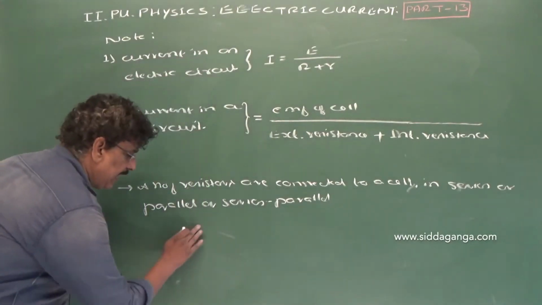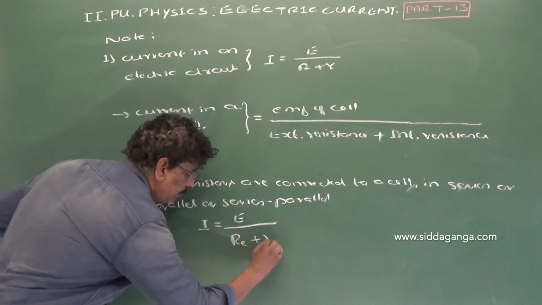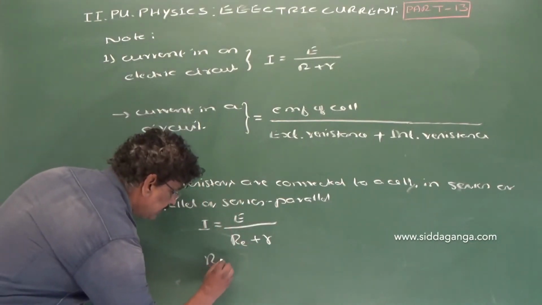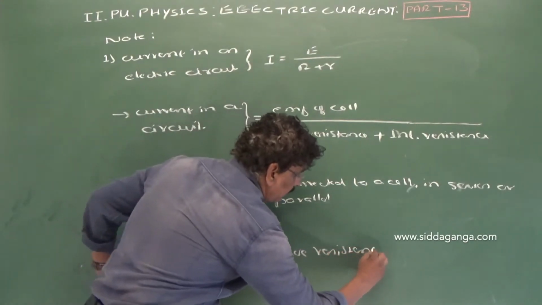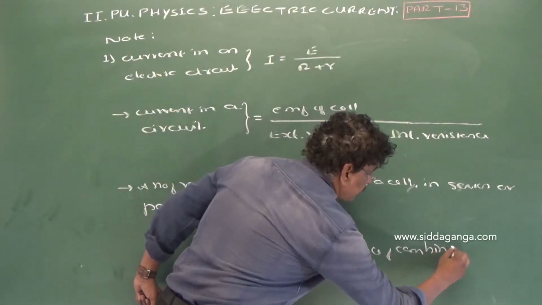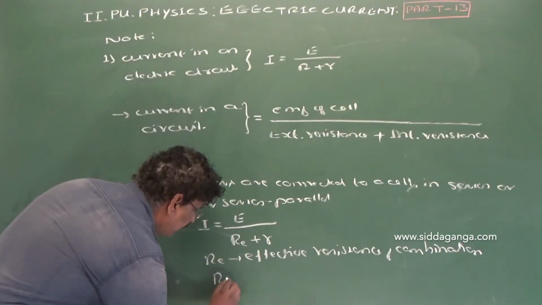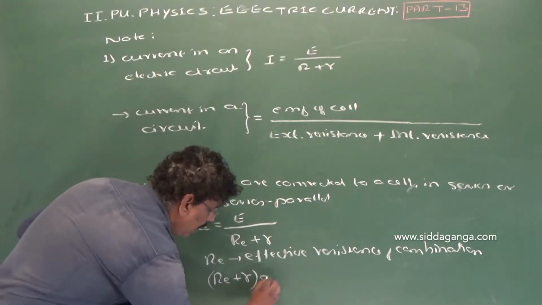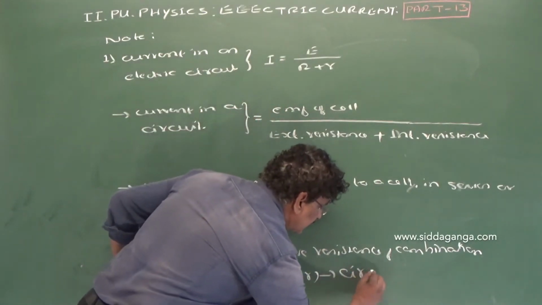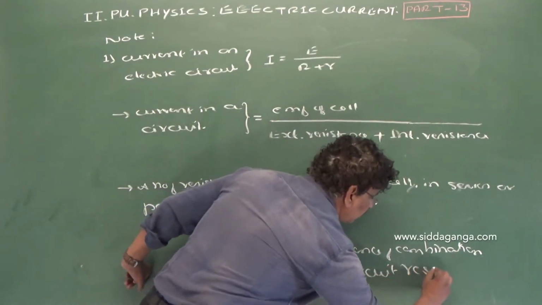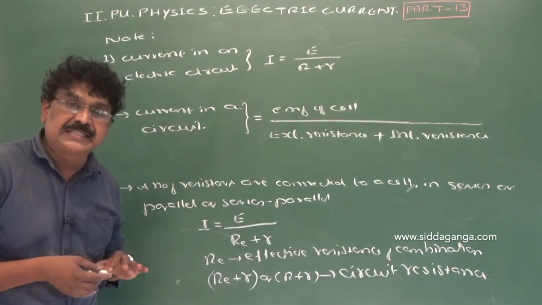In that case, I is equal to E by Re plus R, where Re is effective resistance of combination, and Re plus R or R plus R in this case is called circuit resistance. So remember these things, right?